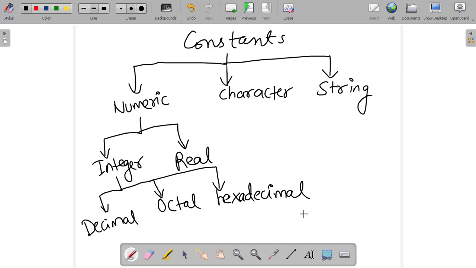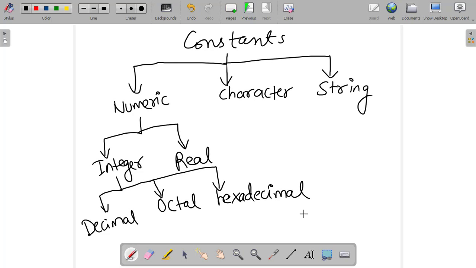Like here we can see constants is divided into 3 parts: the numeric, character and the string. And numeric is further divided into 2 parts: integer and real constant. And integer is further divided into 3 parts: decimal constant, octal constant and hexadecimal constant.